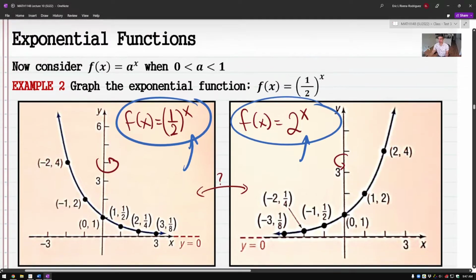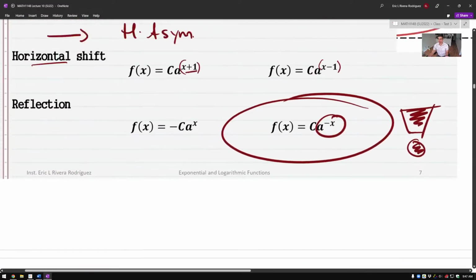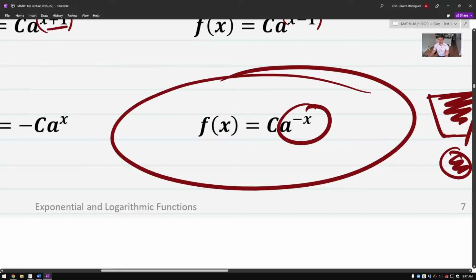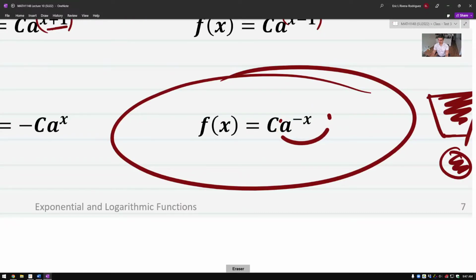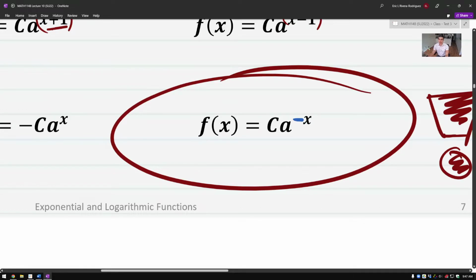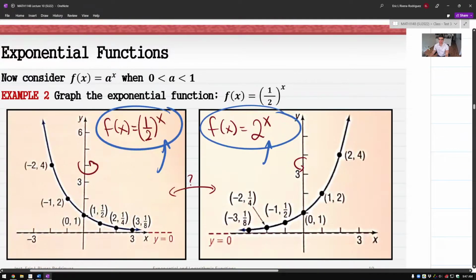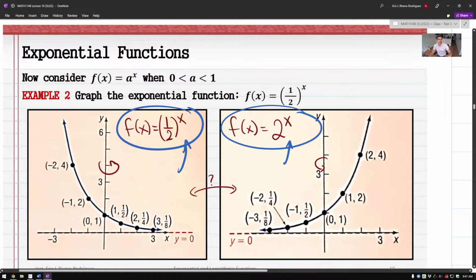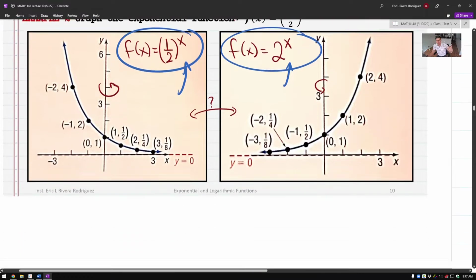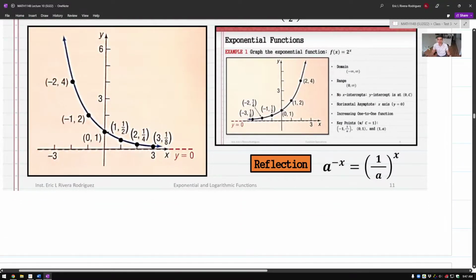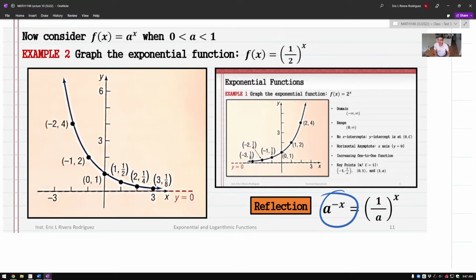Because we know that if we have a negative in front of the x variable, it means that there is a horizontal reflection. But we are seeing a horizontal reflection in this graph without that negative from the x. And that will take us back to the law of exponents. Because yes, we have a reflection, and yes, there is a negative in front of the x variable.